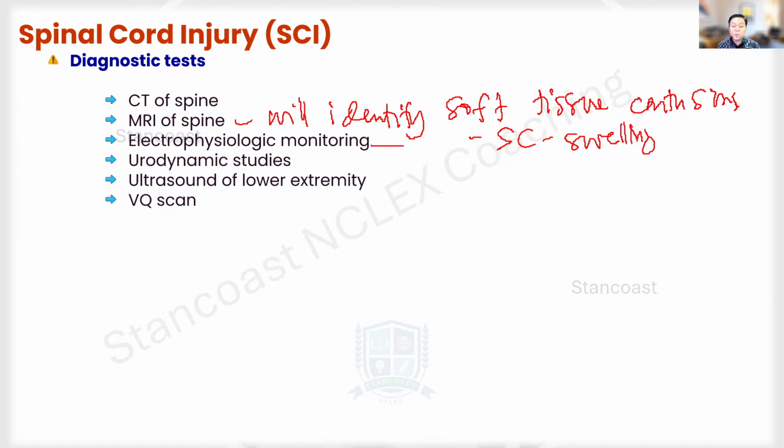Electrophysiologic monitoring. So what is this? This is going to involve the use of somatosensory evoked potentials and MEPs, and they're going to assess the neural pathways, and it will measure the electrical activity in response to stimuli as well. And the urodynamic studies, what are these? They are going to be done to evaluate the bladder function and can identify issues, maybe bladder outlet obstruction, or it can possibly check on the contractility of the bladder, okay?